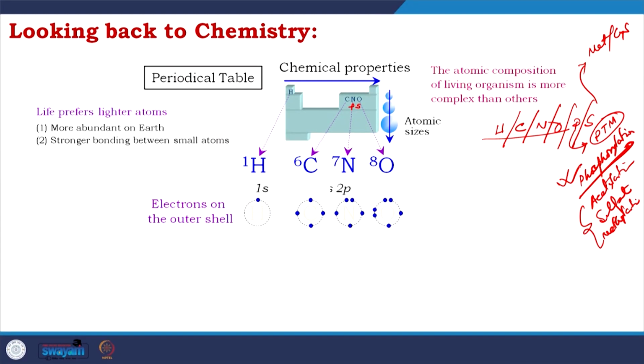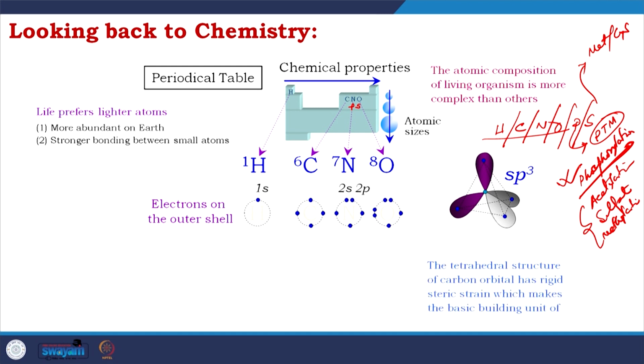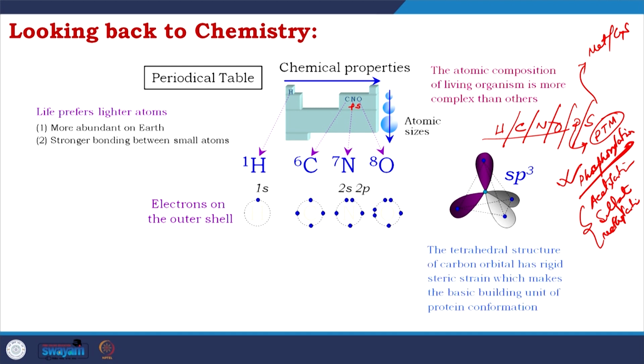Here if you see the electrons in the outer shells, what we talked about: in hydrogen it is in 1s, in carbon, nitrogen and oxygen it is in 2s2p, and we talked about the ground state and excited state, how they form the tetrahedral chemistry. The tetrahedral structure of carbon orbitals has rigid steric strain, which makes the basic building unit of the protein conformation.